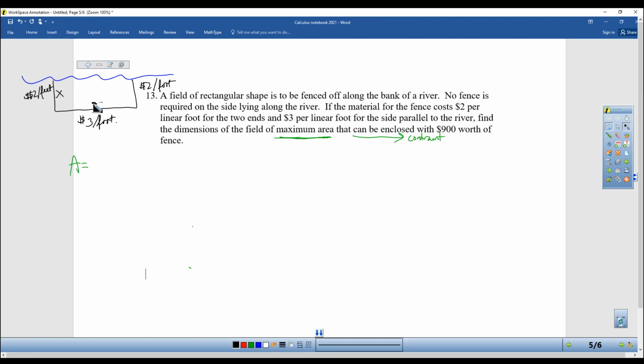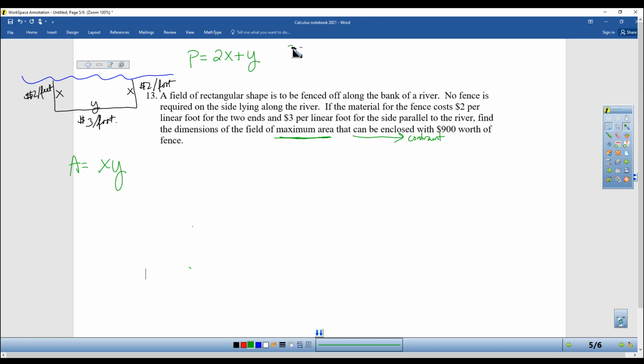And let's just call these x and y. Obviously, x is the same. So the area is going to be just x times y. The area doesn't change just because it doesn't have a fence along that side. I'm being constrained by money, but there's actually like a dual constraint because the money is dependent on the perimeter. So the perimeter is 2x's plus y.